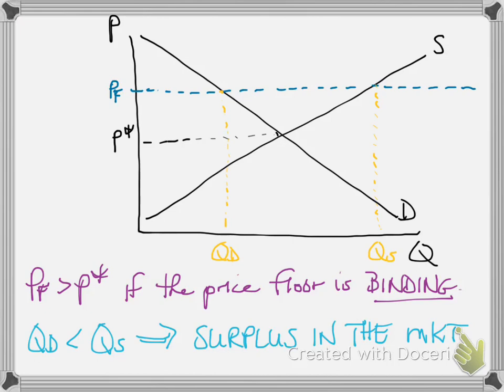They are now being charged a higher price for the good, so the quantity demanded, QD, falls, and at the same time the higher price motivates sellers to bring more product to the marketplace, so QS increases. And so we have this gap between the quantity demanded and the quantity supplied, and because the demand is less than the supply, we end up with a surplus in the market.